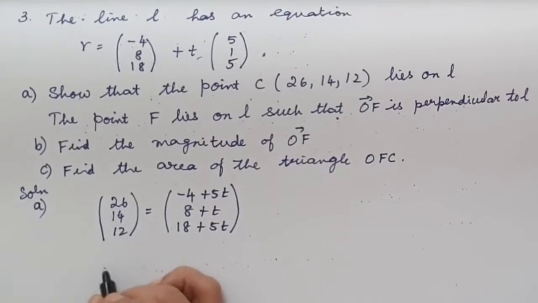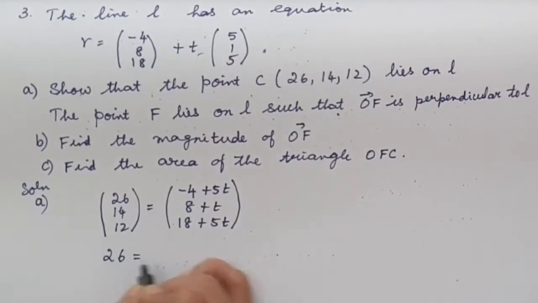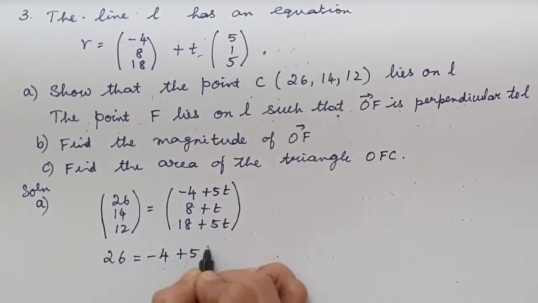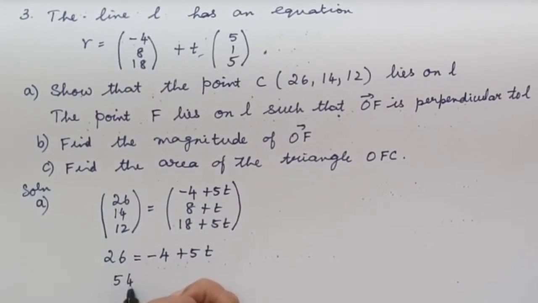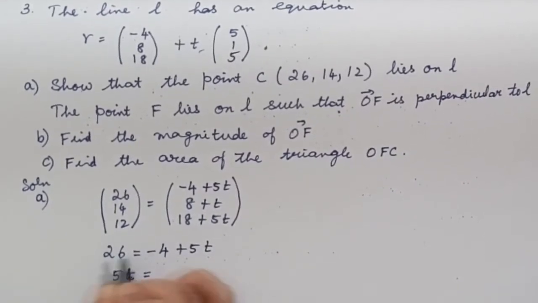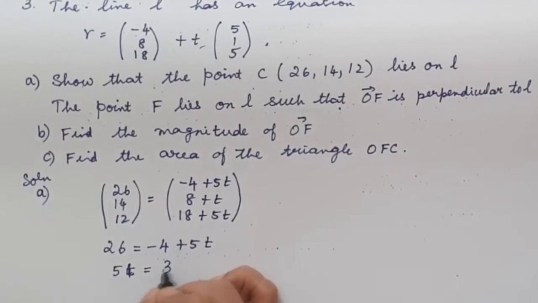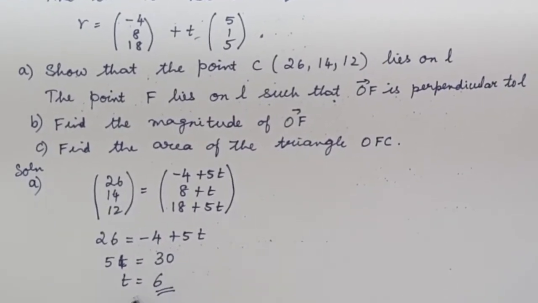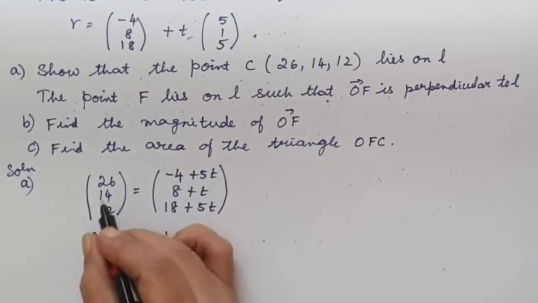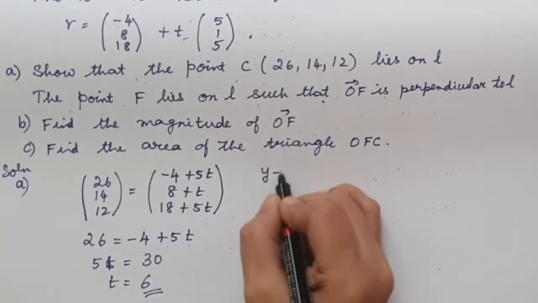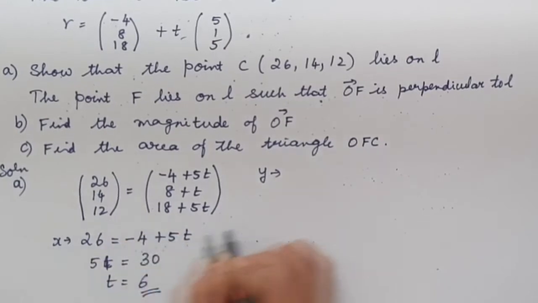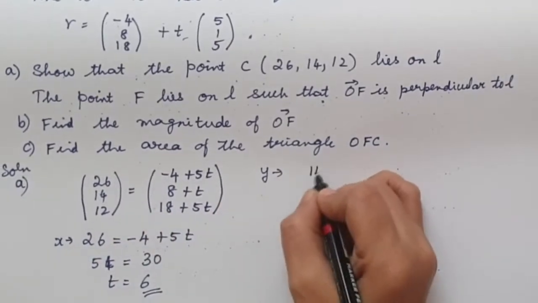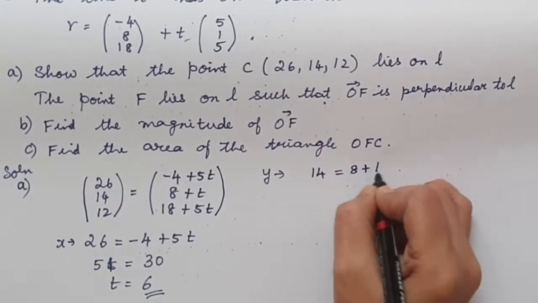So we'll equate the first x coordinate, that is 26 equal to minus 4 plus 5t. So our 5t will be equal to 26 plus 4, so it is 30. So t will be equal to 30 divided by 5, which is 6. So for the first one, we got 6. Now we'll check for the y coordinate. 14 will be equal to 8 plus t.